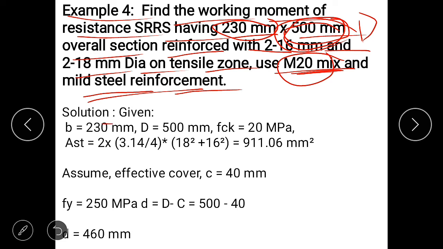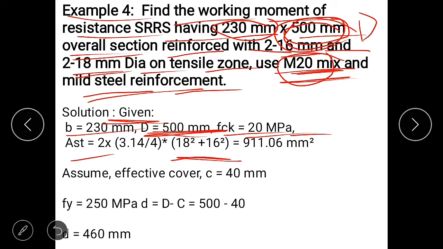So given data: b is 230 mm, capital D is 500 mm overall depth, fck is 20, and Ast is 2 bars of 16 mm and 2 bars of 18 mm. So the summation is 2 into pi by 4, that is 3.14 divided by 4, into 18 square plus 16 square for 2 bars each. So the area is 911.06 mm square.